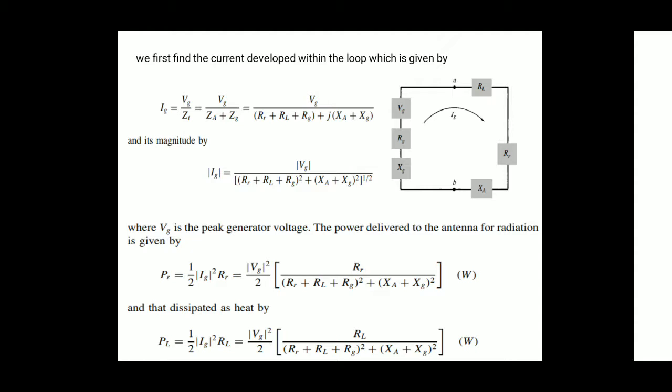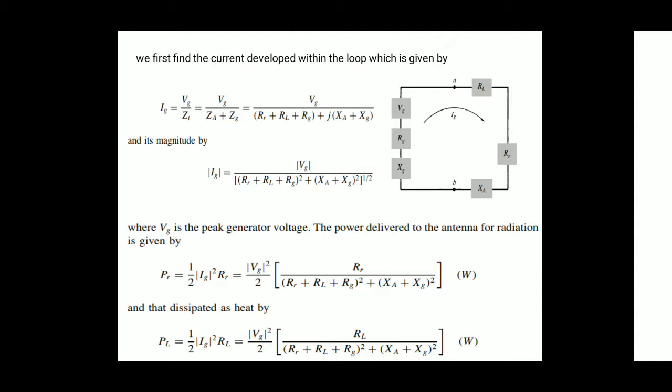So Ig is Vg divided by Za at terminal AB plus Zg, the generator impedance. Now we can write it in resistance and reactance format, and the magnitude of the current is Vg over the square root of the total squared terms.